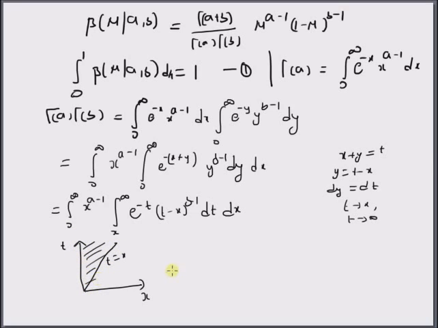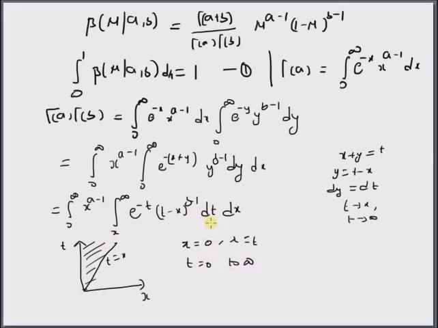So the integration area is between these two lines, basically between the lines t equal to x and x equal to 0. Now by changing the variables, that is reversing the order of integration, we can see this integration as x from 0, that is from this line, to this line, x equal to t, and t from 0 to infinity.